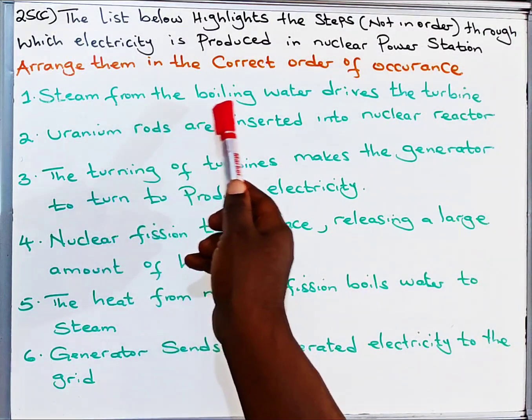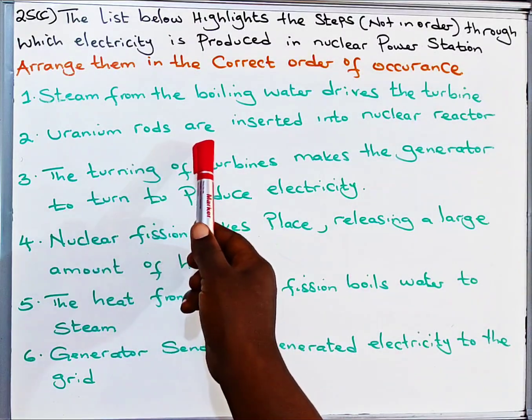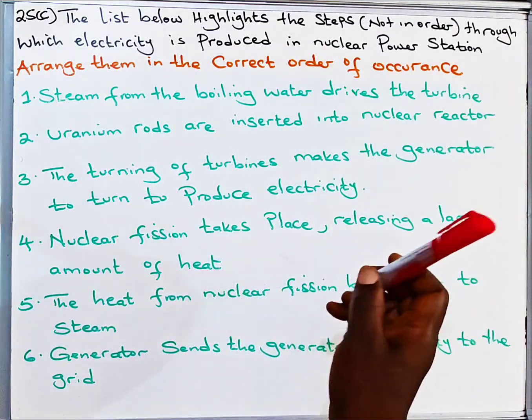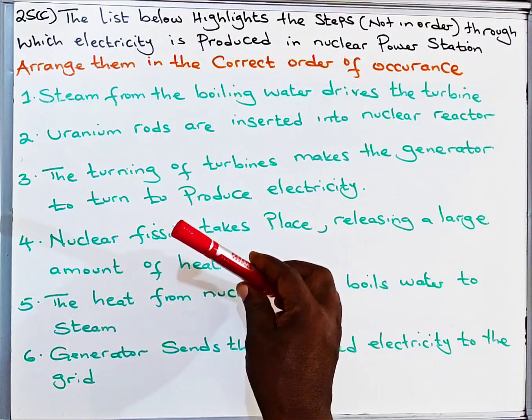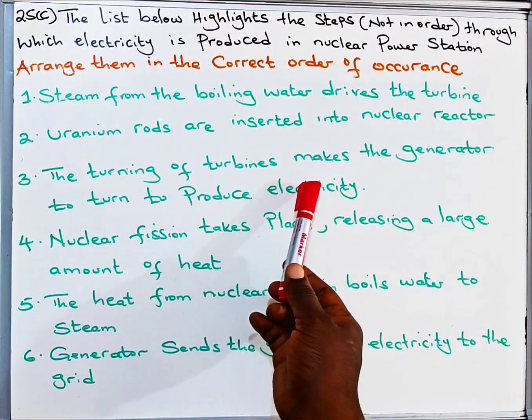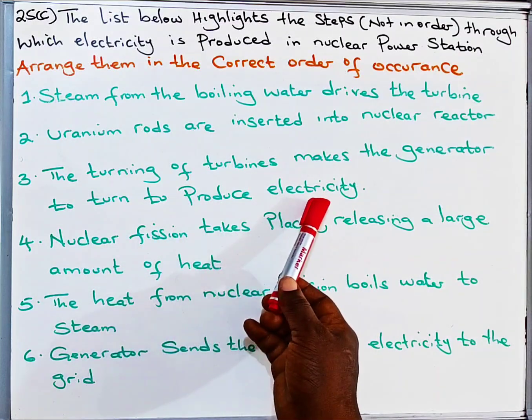Here they say steam from the boiling water drives the turbine. Obviously, that one cannot be the first one. Uranium rods are inserted into the nuclear reactor. Yes, that's probably one of the initial steps. The turning of the turbines makes the generator turn to produce electricity.